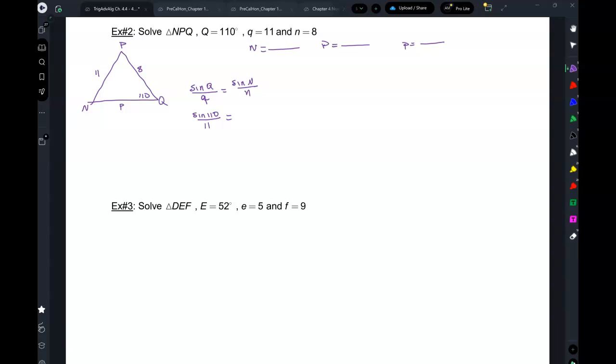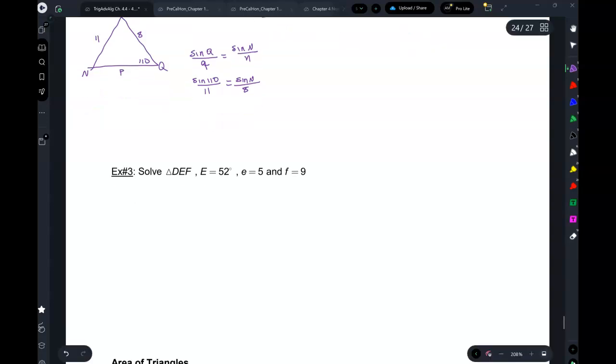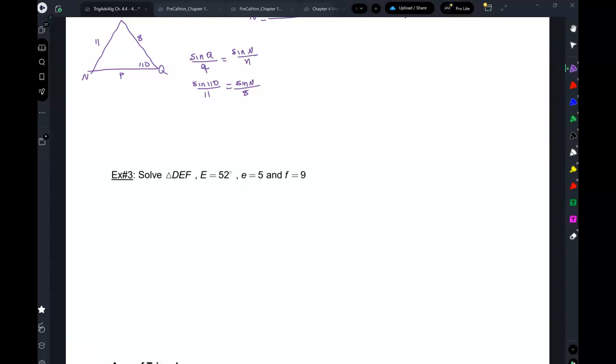Okay, so sine of 110 over 11 is equal to sine of n over 8. Okay, actually, maybe I'll show you the shortcut next time. Okay, let's cross multiply. So 8 sine 110 is equal to 11 sine n.